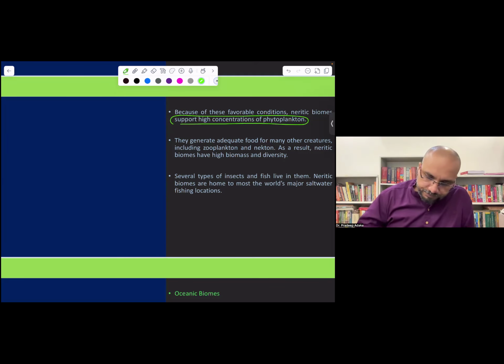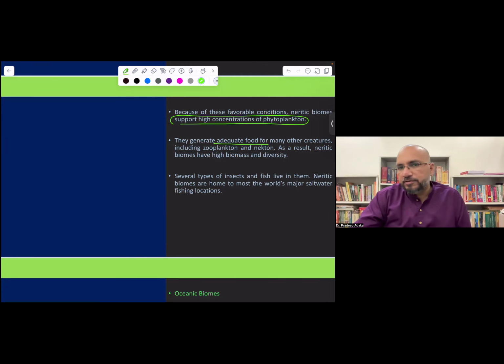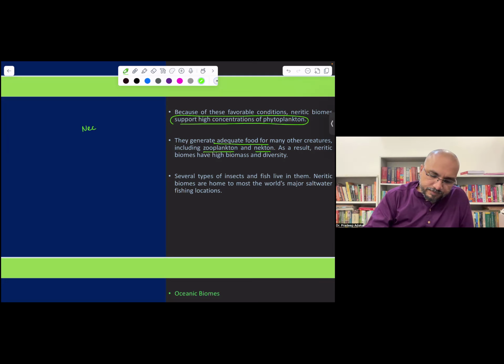All right. So they can generate adequate food, so they can support a lot of creatures. Zooplankton and nekton. Nektons are those animals which can actively swim.